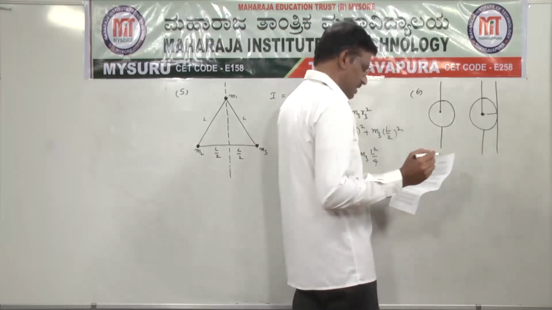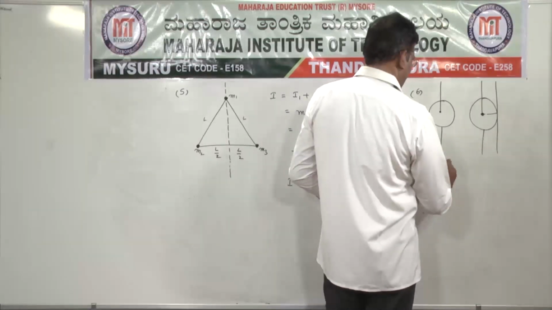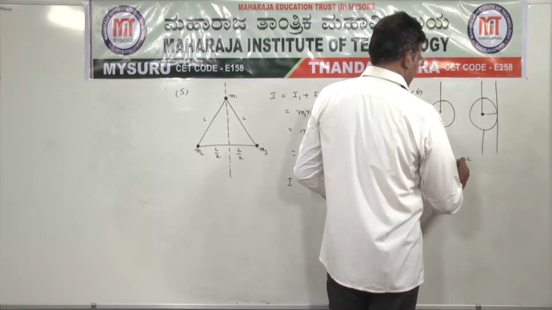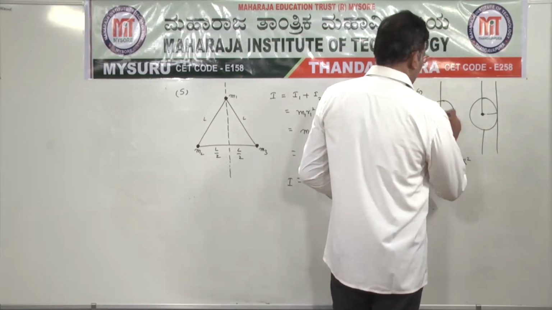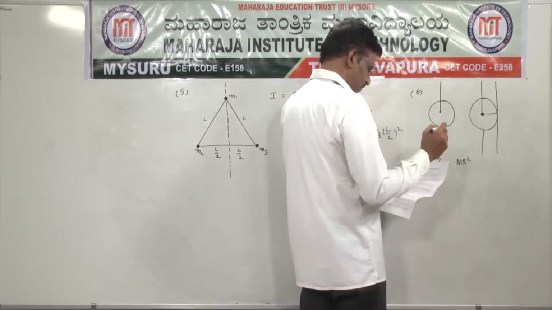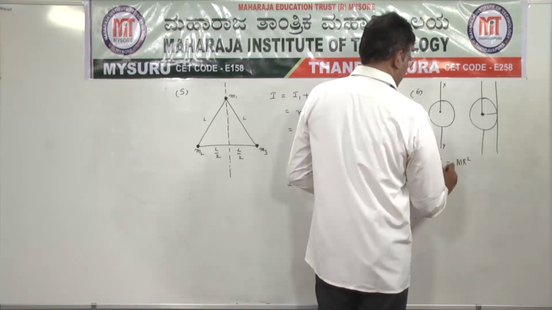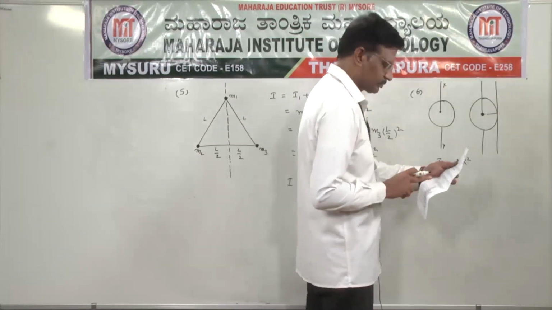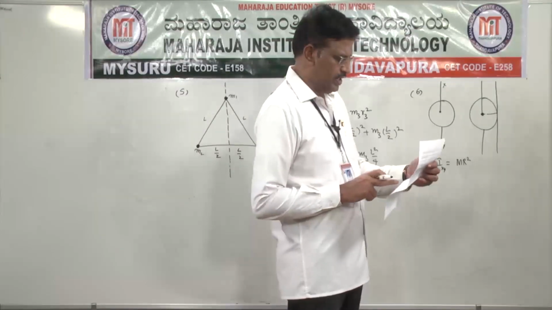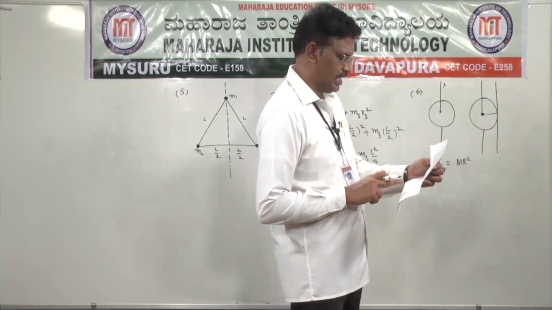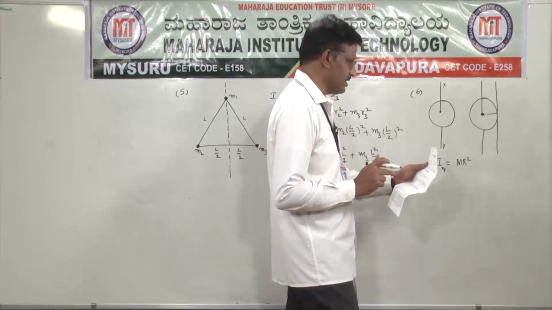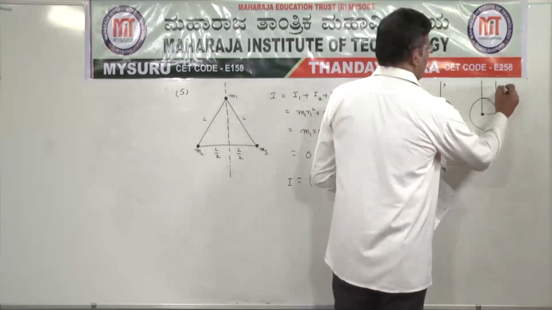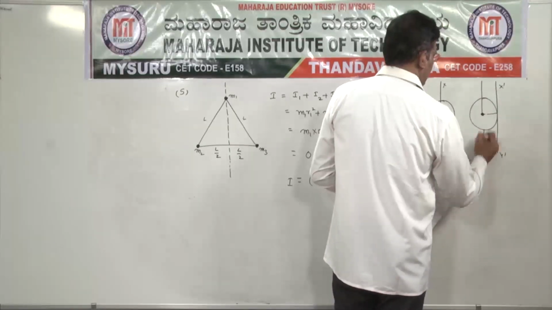In case of a circular ring, we discussed already, so I can write directly m r square about this axis. Say here, as per the question, x y, so I_xy is equal to m r square, and its moment of inertia about an axis parallel to this axis but passing through the edge of the disc is about x dash y dash, as per the question.